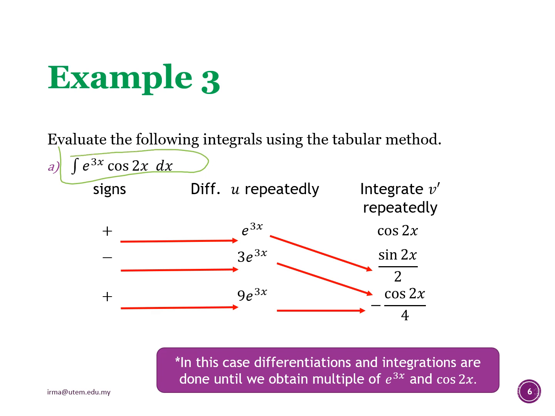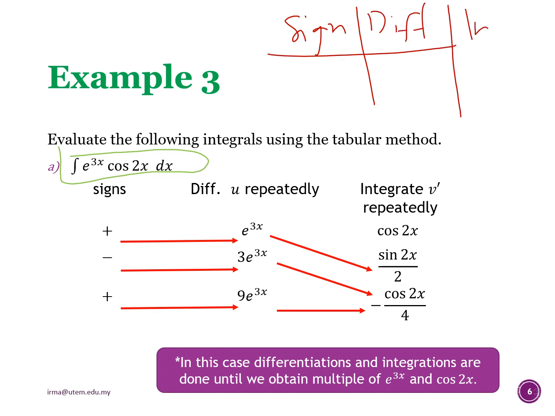If you have this kind of question, you have a table, the same table, which has the sign, and the second column is something to differentiate and integrate. And you can use LIATE as well.